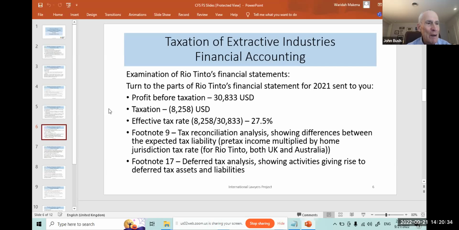If you run a mine, you can't really move the mine to a tax haven. And the high-tech companies, what they would do is move intellectual property, patents, and so-called know-how. They would legally have these forms of intellectual property recorded in a tax haven.